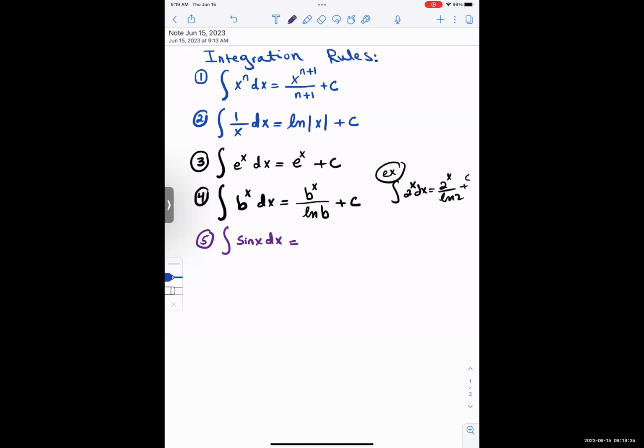I want to see how you're remembering that. Awesome. Negative cosine x plus c. Number 6. What is integral of cosine x dx? Sine x or negative sine x? Exactly. Sine x plus c.